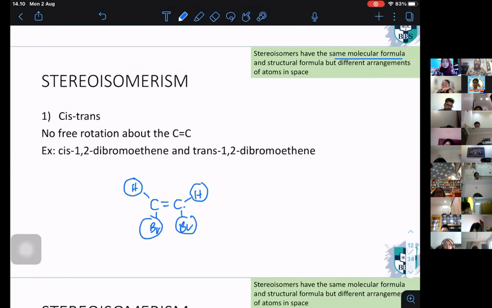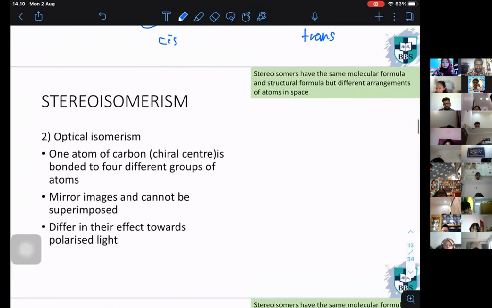So you can actually have cis. What is cis? Side by side. This is already cis, Br and Br side by side. If you arrange them this way, Br over here, Br over here, hydrogen over here, this is going to be trans. So this one is done. I will move on.